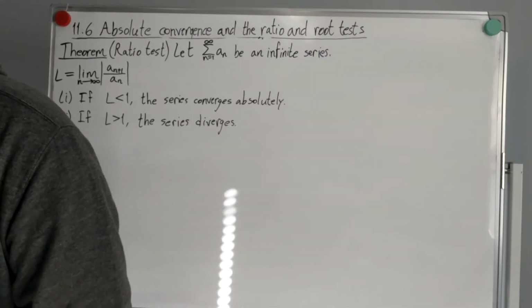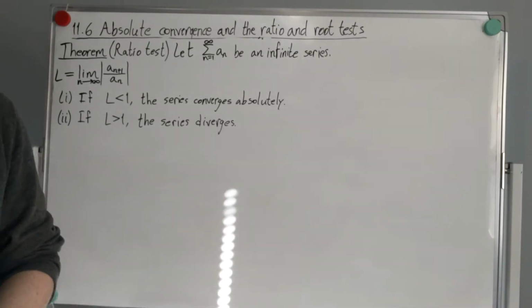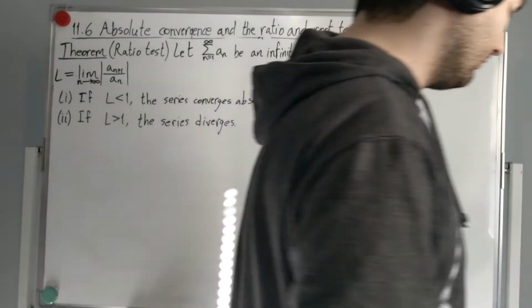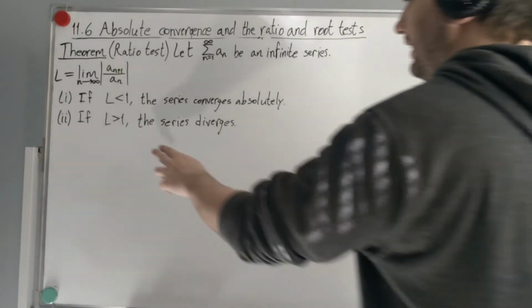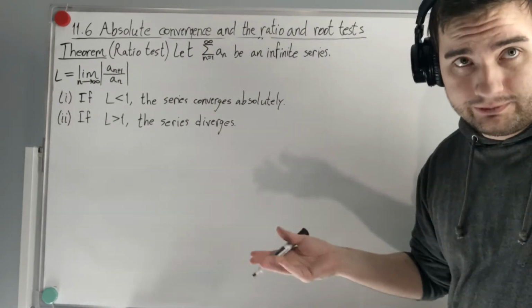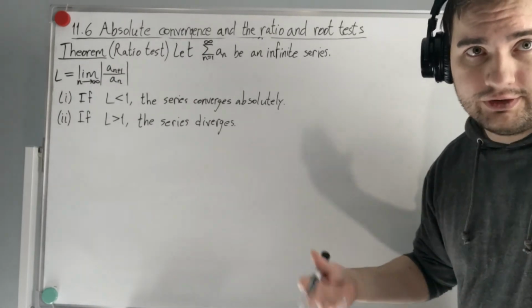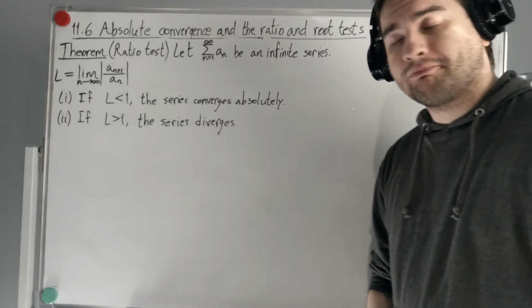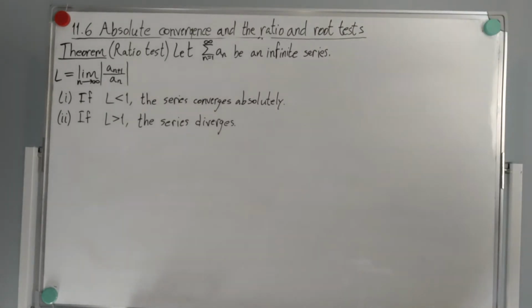Okay? And that's it. And by the way, L being greater than 1, that includes the possibility that it might be positive infinity. So if it's positive infinity, it diverges as well. Okay?